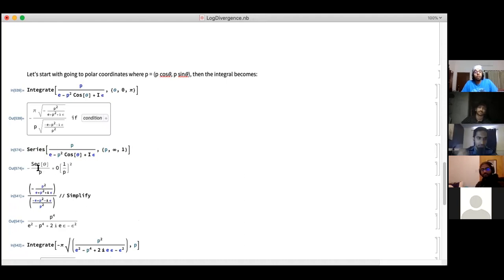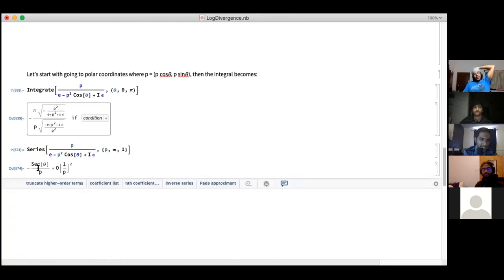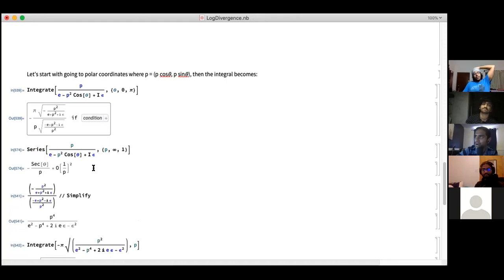So dp over p, what's the integral? Log of p. So you already know that this is a logarithmic divergence. You don't really have to do much. So you could do the same kind of test above.